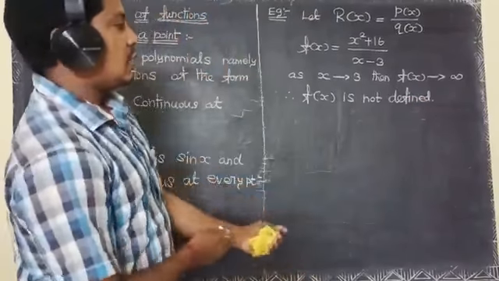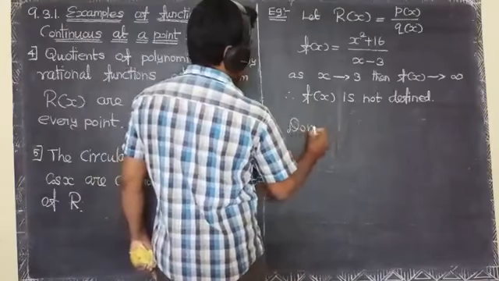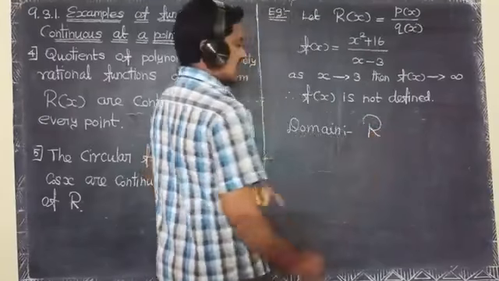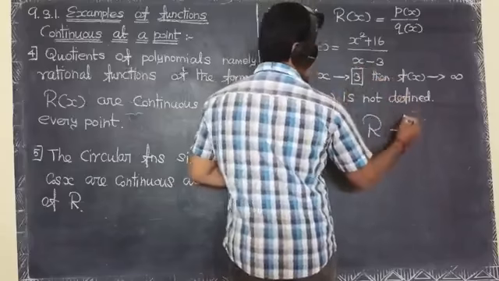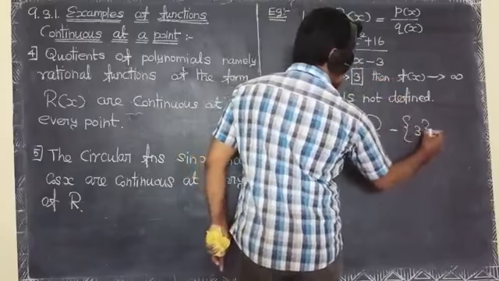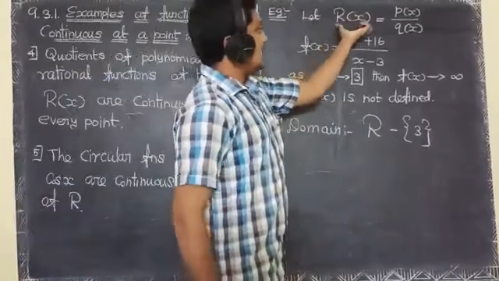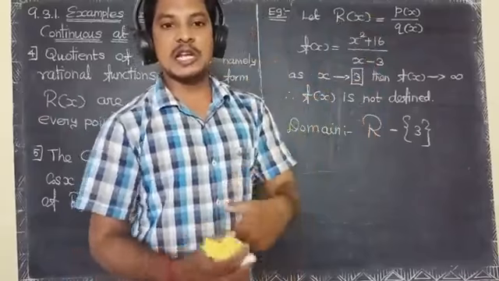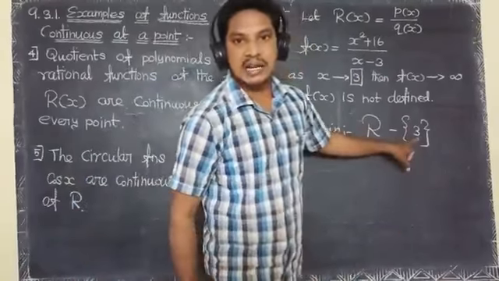So the domain of the given function is capital R, that is real numbers except 3. Therefore the given rational expression is continuous at every point except at 3.